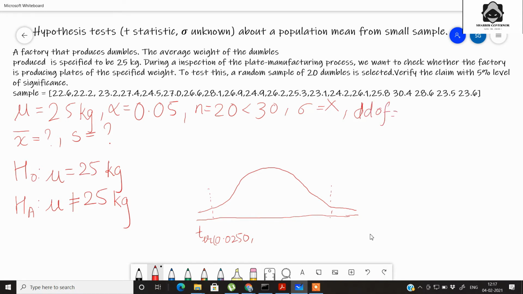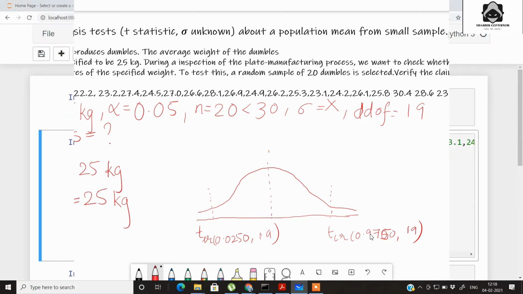We have 20 samples, so it is 20 minus 1, that is 19. So this is 19, and the t critical on the upper side will be at 0.975 and 19. Let's solve this problem with the help of Python now, and let's verify the claim.